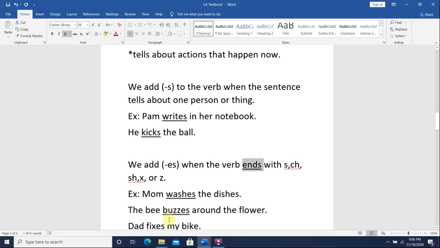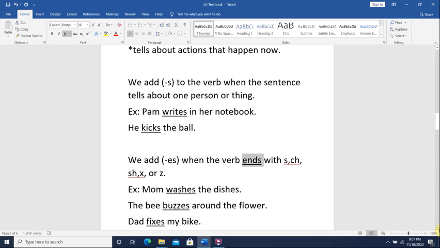The bee buzzes around the flower. Number 3, Dad fixes my bike. Dad is also the subject. He's one person, and fix ends with X. What do I do to the verb? I add ES to show that this sentence is in the present tense. So Dad fixes my bike.